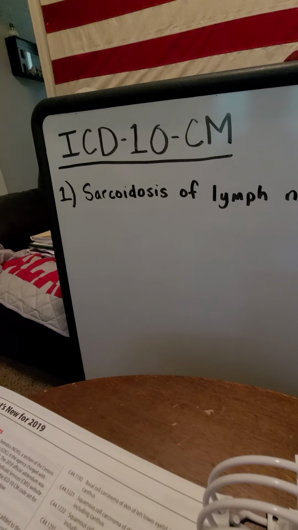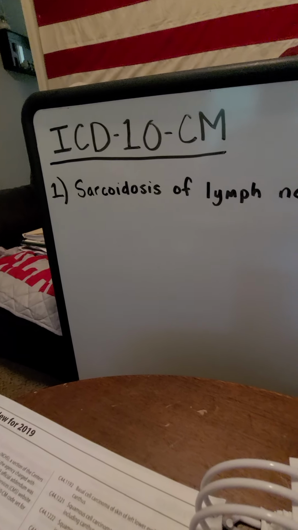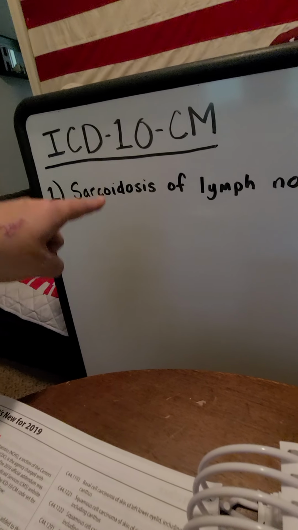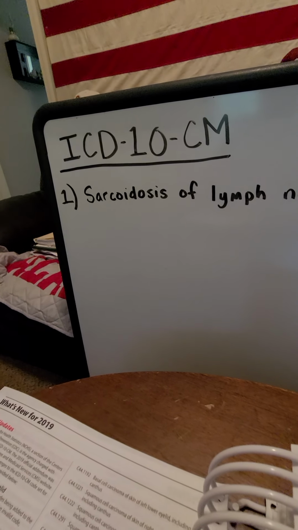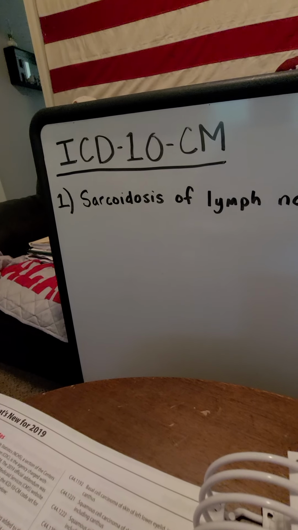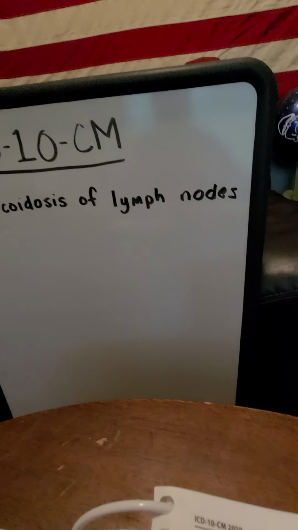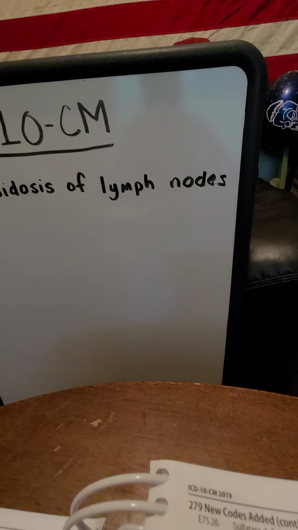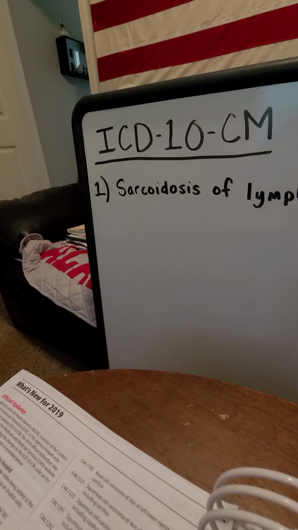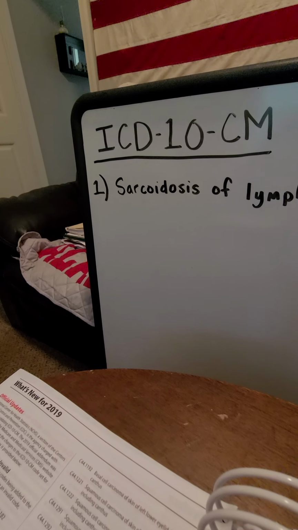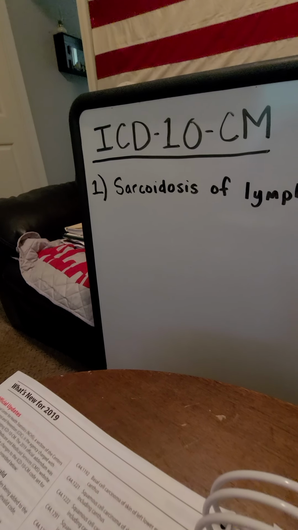So we need to find it as a diagnosis. That is our main term. Sarcoidosis. So what we need to do now is find out what the code is for this. Lymph nodes is just telling me where this sarcoidosis is. So let's go to our index and look up sarcoidosis.